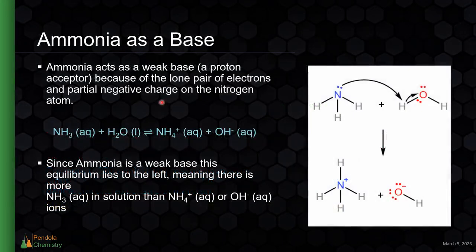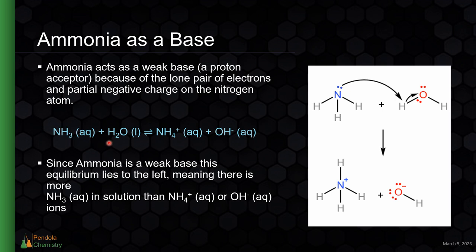So what can ammonia do? Well, ammonia, like we said earlier, acts like a weak base. It is a proton acceptor. And because it's a proton acceptor, it's going to use its lone pair of electrons to pick up hydrogens. Now, we saw this being done with H+, but hydrogens can also be picked up from water itself.